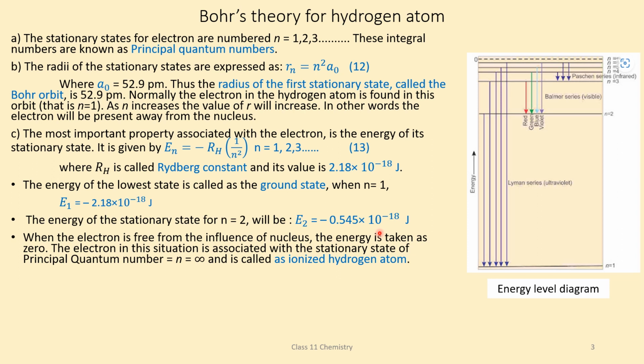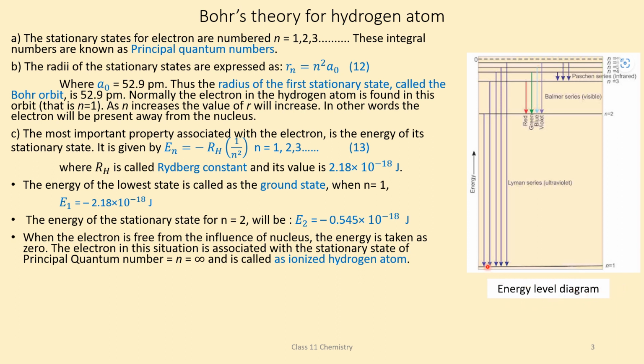Please see the figure shown on your screen. This figure shows the energy of different stationary states or energy levels of the hydrogen atom. This diagram is for the hydrogen atom, and this representation is called the energy level diagram.